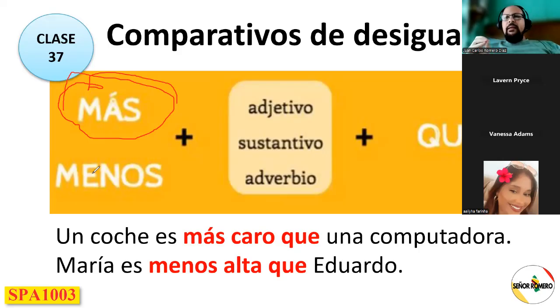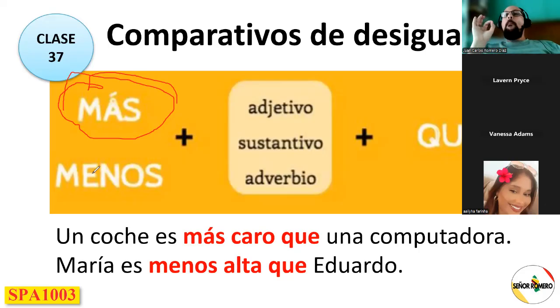I want to say Juan is taller than Pedro. First of all, in Spanish, we will not say taller than.